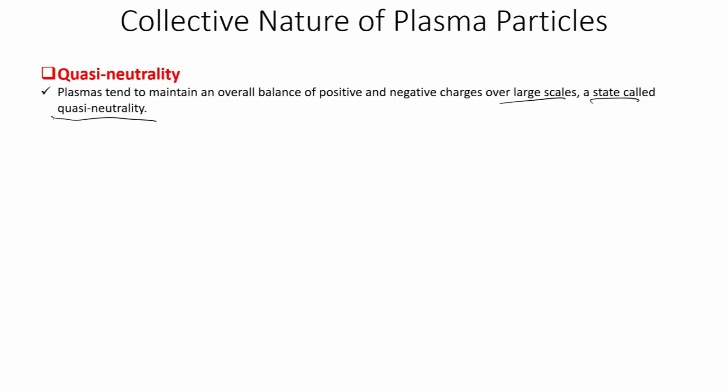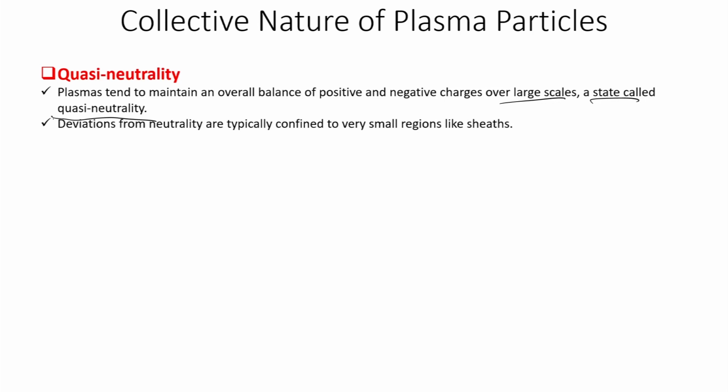Even if you bring a charge to imbalance the neutrality, it happens only within a volume called the Debye volume or Debye shield. The deviations from neutrality are typically confined to very small regions like the sheath, or the Debye shielding.